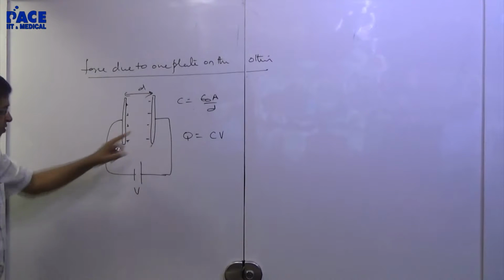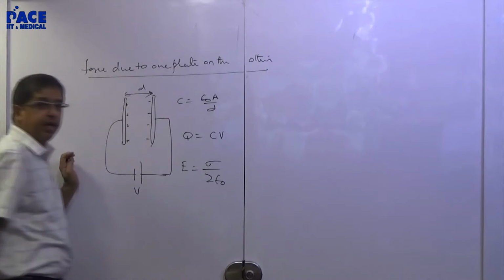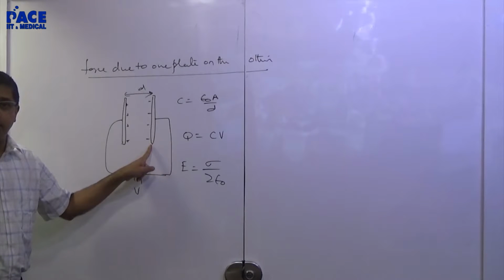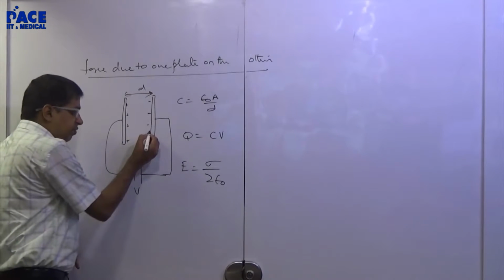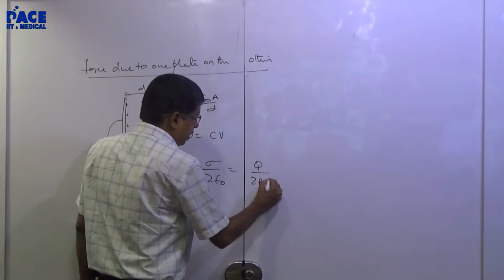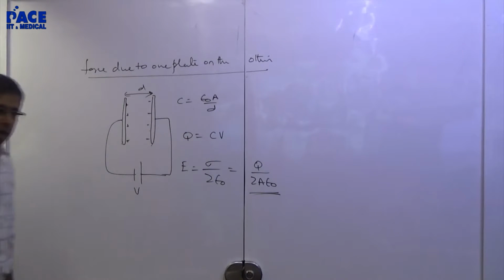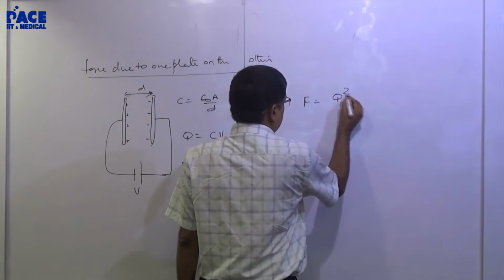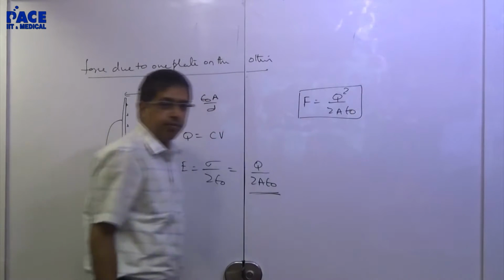This will generate a field at this particular point. Field is equal to sigma by 2 epsilon naught. Due to one sheet of charge, the field here will be sigma by 2 epsilon naught. This will be Q by 2A epsilon naught. So what will the force be? Q square by 2A epsilon naught. Force due to one plate on the other.